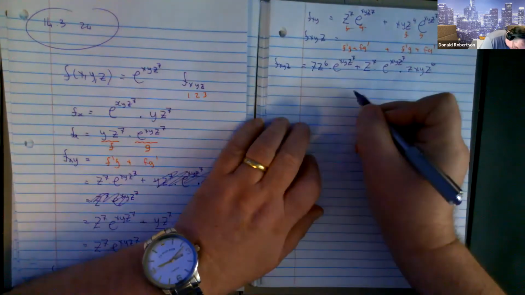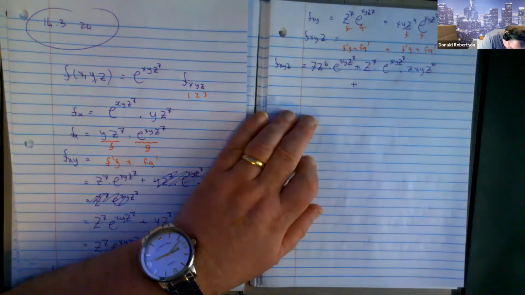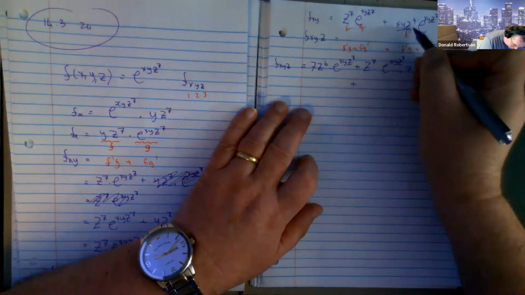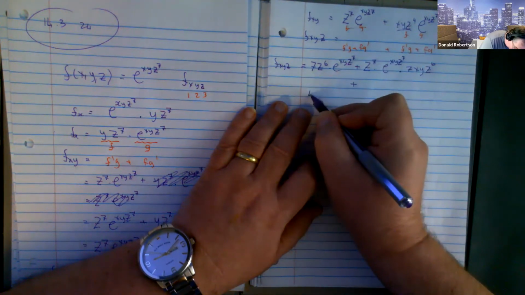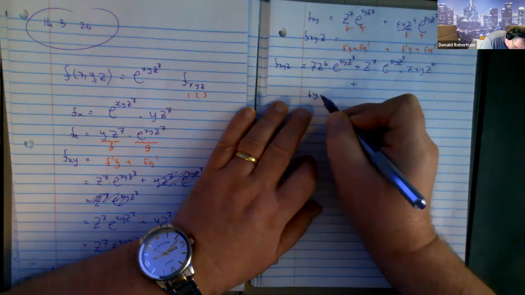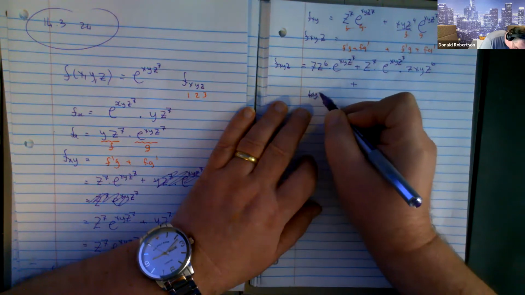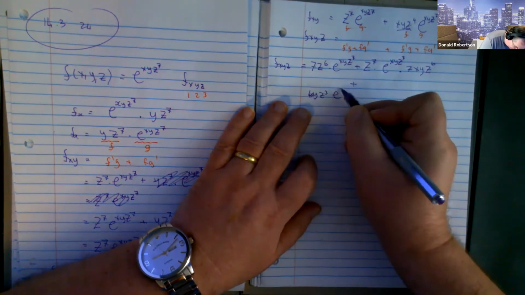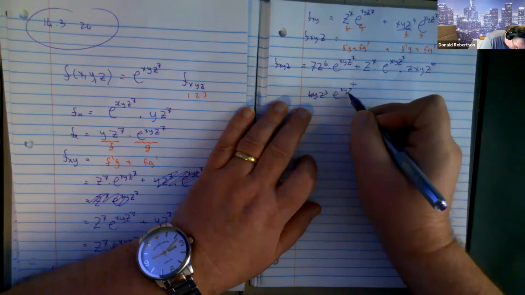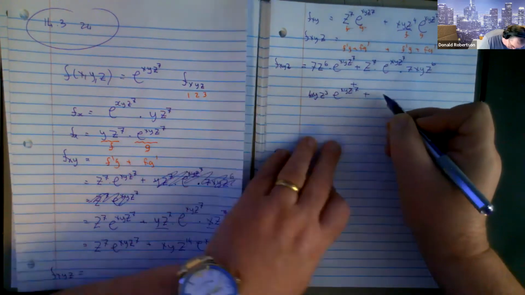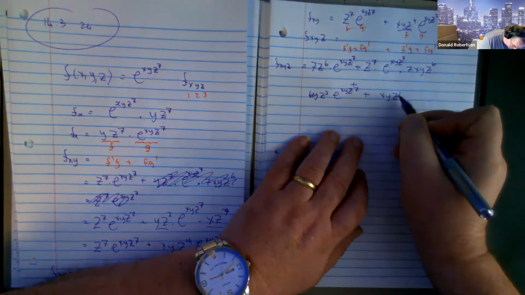It's that one. Plus, I'm going to do this one underneath. If you differentiate this with respect to z, you're going to get 4xy z cubed. You leave this guy alone. Plus, you leave the first term alone.